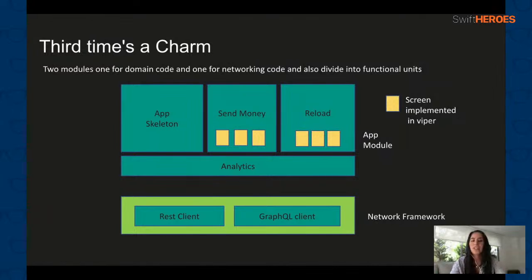There are a lot of things that we need to handle inside the app. But if you pay attention, it's the same idea. We started with the idea that the network framework could be reused in different places, but here we still kept it in the same app, so it maybe didn't make too much sense.